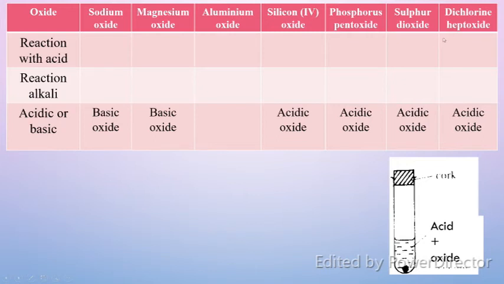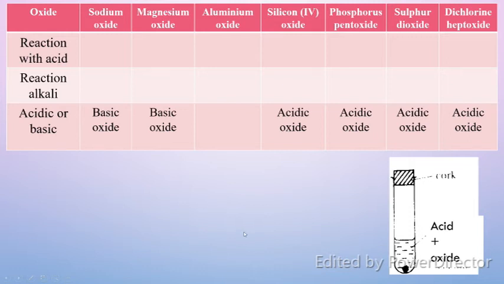Do you still remember? Argon is very stable and it exists as monoatomic, which means it does not react with any other atoms. So remember, we don't have argon oxide in chemistry, right? Now, given that sodium oxide and magnesium oxide are basic oxide, so what will happen?